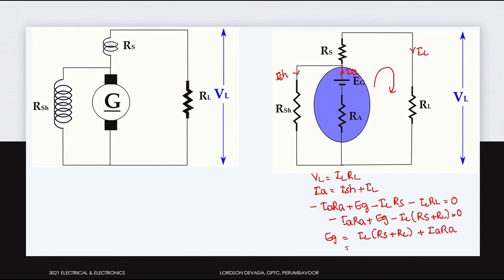In other ways, expanding here, it is IL RS plus IL RL. IL RL is VL, so VL plus IA RA. So this is the equation for generated EMF. Applying Kirchhoff's voltage law in the other loop, the equation becomes minus IA RA plus EG, then RSH is a drop, so minus ISH RSH equal to 0. This is the other equation.